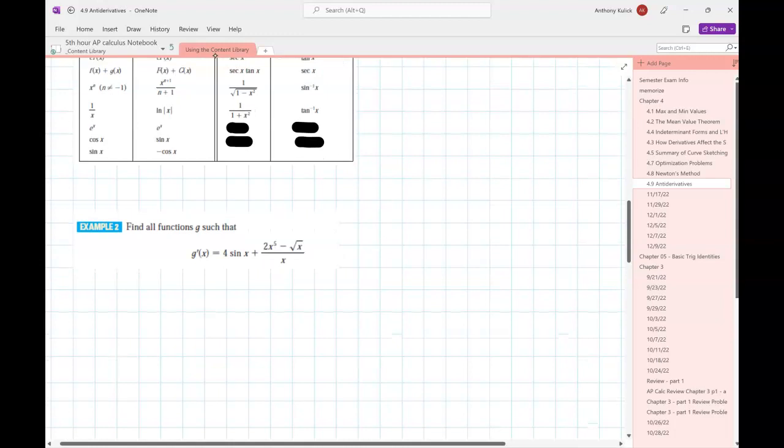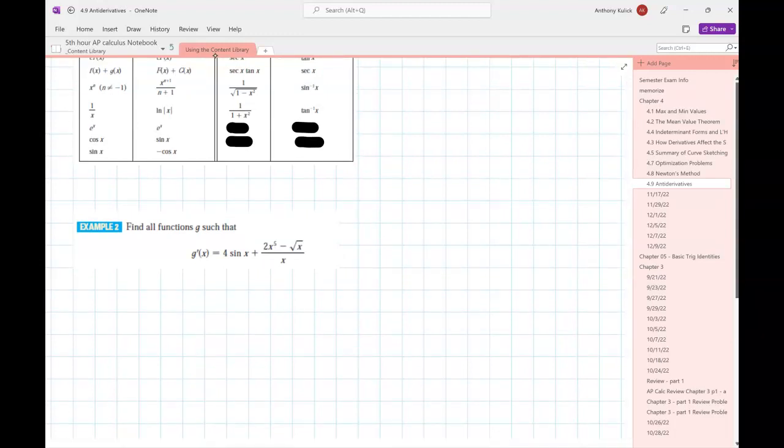Okay. Let's take a look at this terrible, terrible looking thing. So this is my derivative. We're looking for all possible functions g such that that is the derivative. What's that the same as asking for? The most general antiderivative.